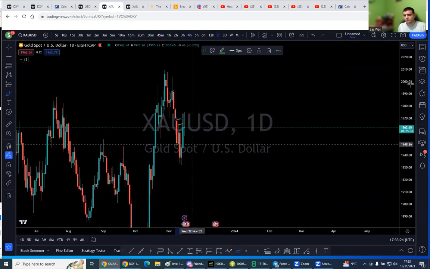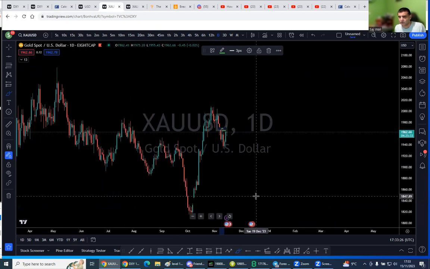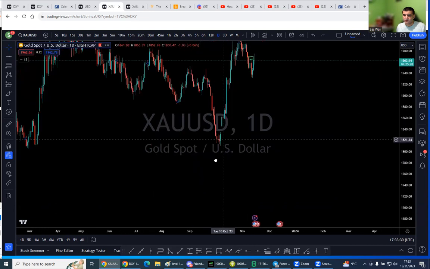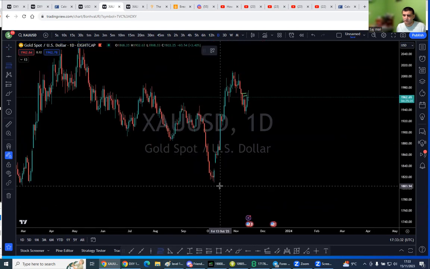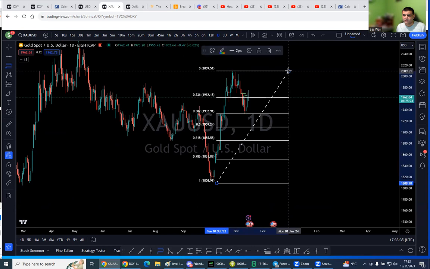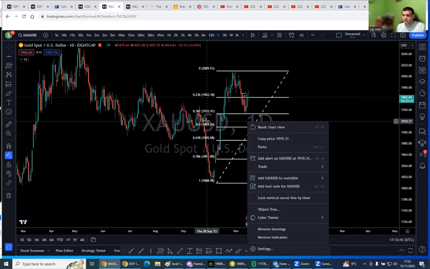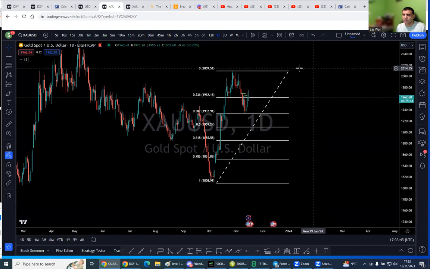As previously, if you watch my videos, you will see that it was rejected from this Fibonacci level 0.38, and it coincides with this support area. Sorry, previously I said resistance area. This is a support area, right?